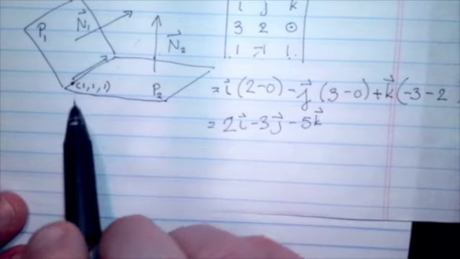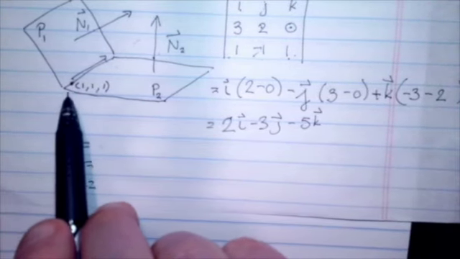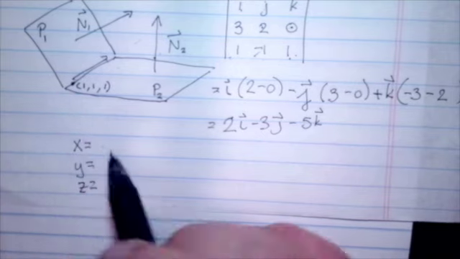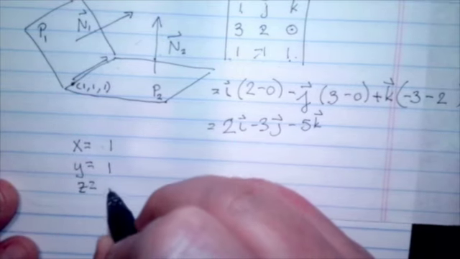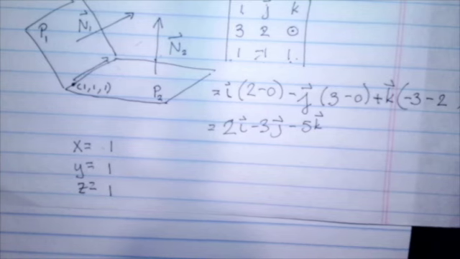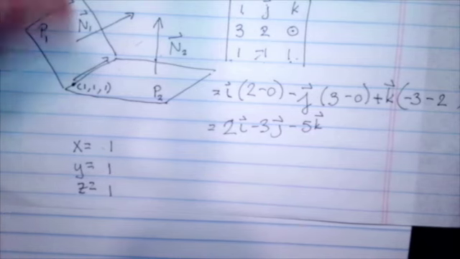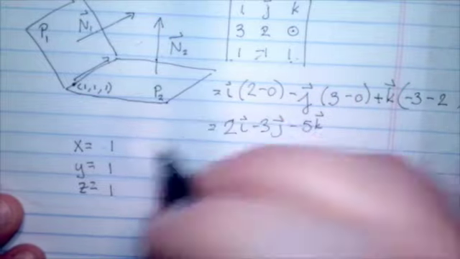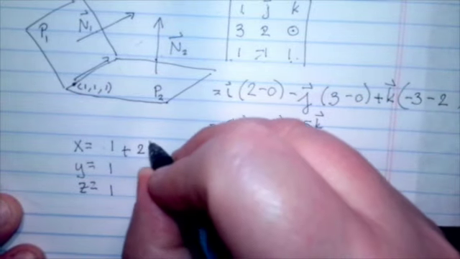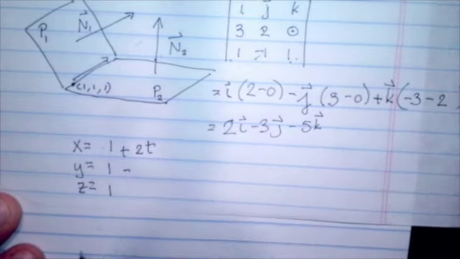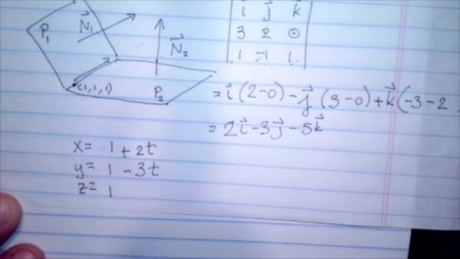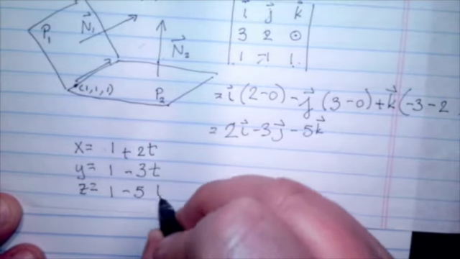So remember, we're thinking of this given point as sort of the starting point, and so x, y, and z each start at 1 in this case, and then they increase or decrease proportionally according to the coefficients of that direction vector. So we would have plus 2t, minus 3t, minus 5t.